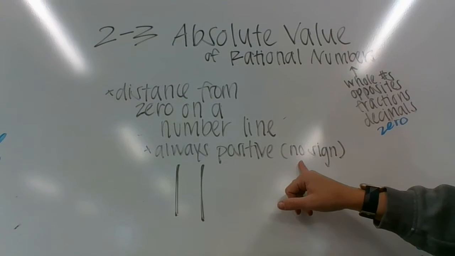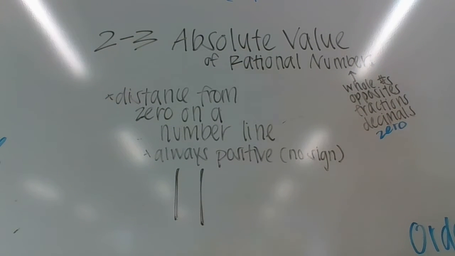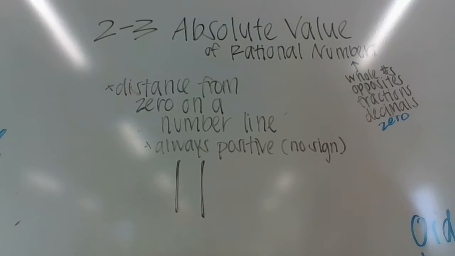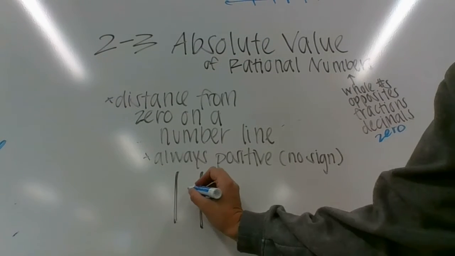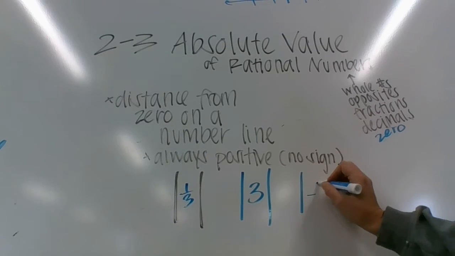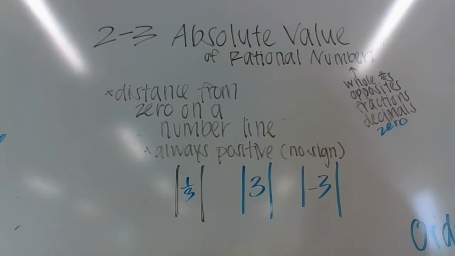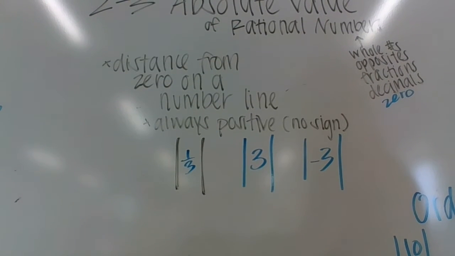However, don't use any signs, so I don't want to see that plus or that positive sign. Just keep it as just the number. What you're going to be seeing as a sign to show that you're looking for the absolute value are these two lines. Now, there's going to be a number inside of there, whether it's 1/3 or whether it's 3, whether it's -3. Those lines on the outside show that you need to find the absolute value.